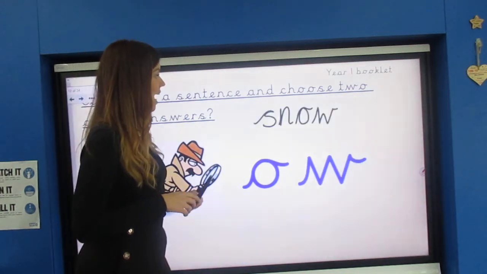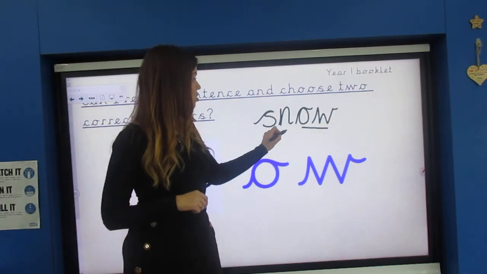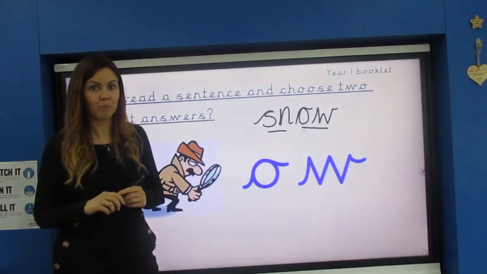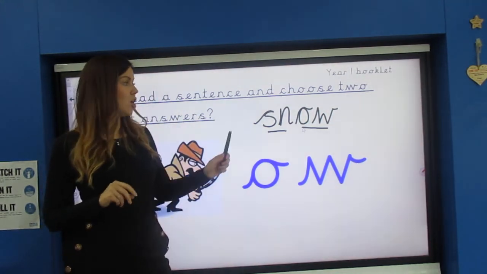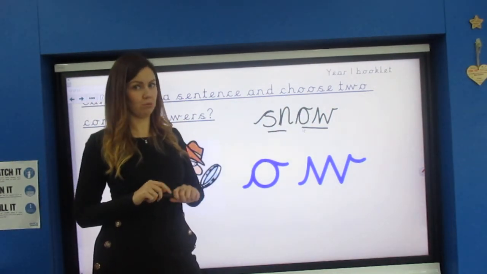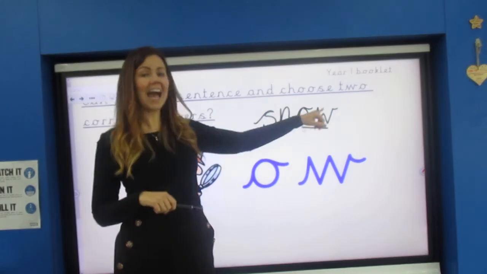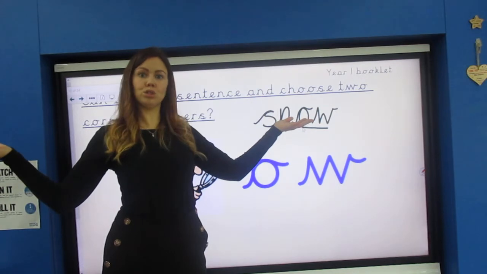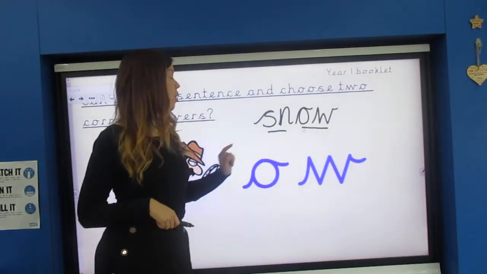So it can sometimes make an O sound. So I've written the word here, snow, snow. Okay, so if you see this and ow doesn't make sense, try it with an O sound, okay? Put a line underneath it and you could read your word and say snow, ow, snow. Doesn't make sense. So try it with an O, snow, snow.